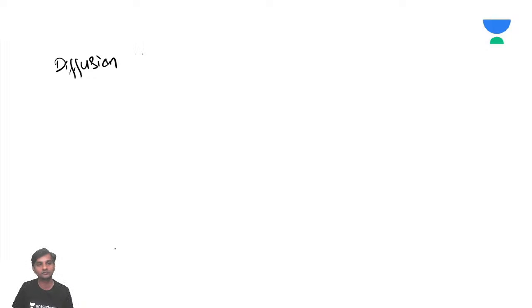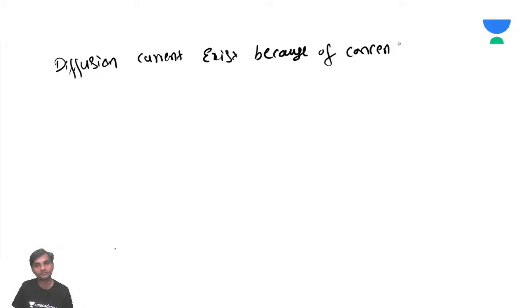Diffusion current exists because of concentration gradient. So what is J diffusion? Let's consider current density.